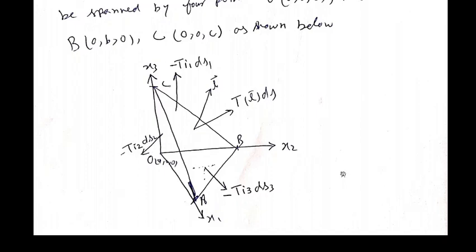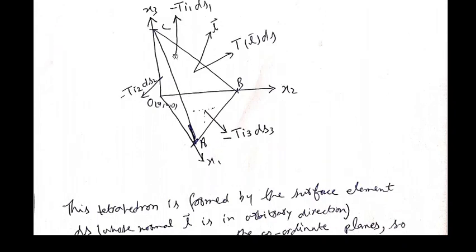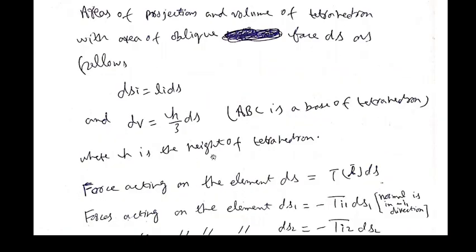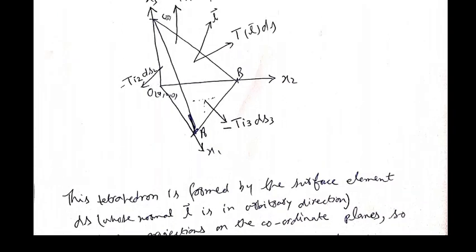3 are orthogonal faces. Orthogonal means they are on the coordinate planes and they are orthogonal to each other. And these are AOB, OAC and OBC.